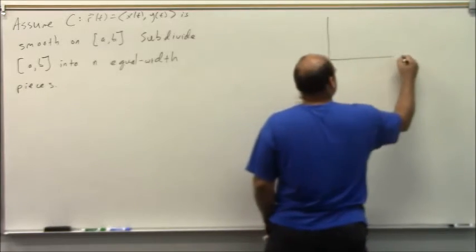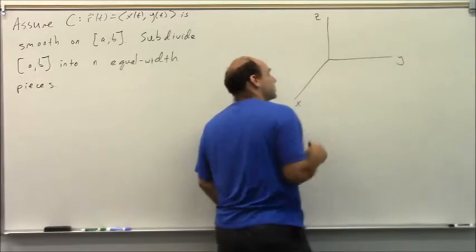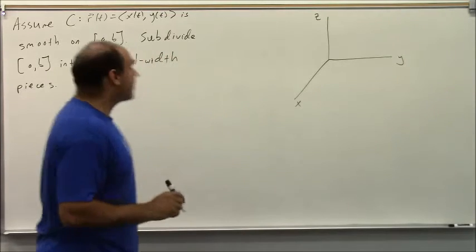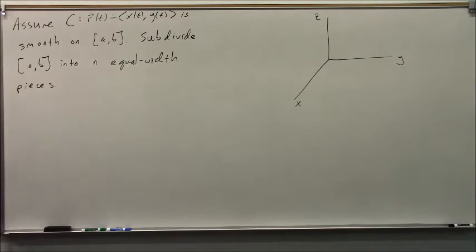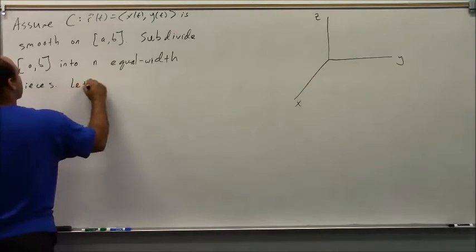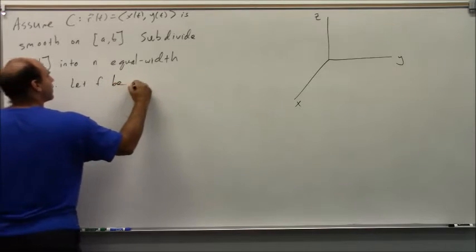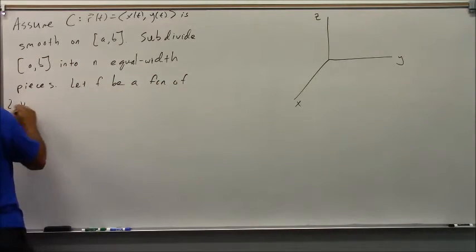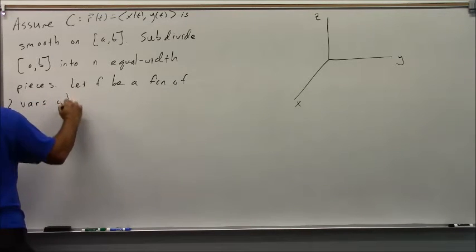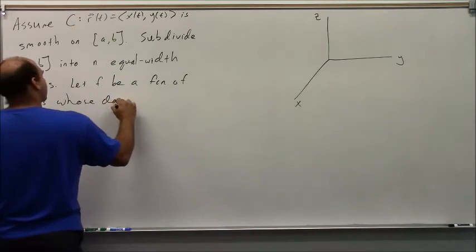Now, what's this? I haven't actually told you yet. There is also a function of two variables defined over C. So let's let f be a function of two variables whose domain includes C.